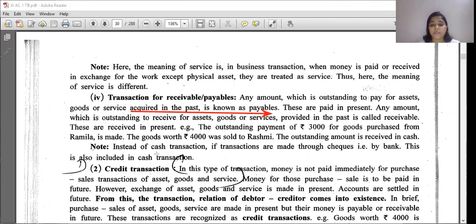cash. Instead of a cash transaction, if transactions are made through check, that is by bank, this is also treated as cash.